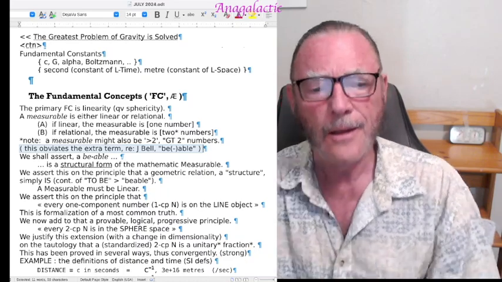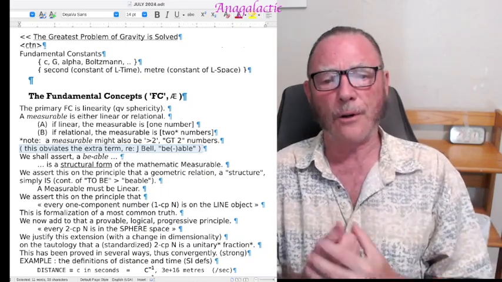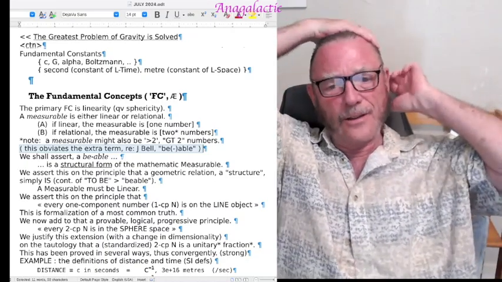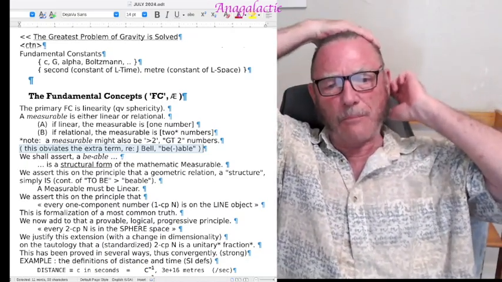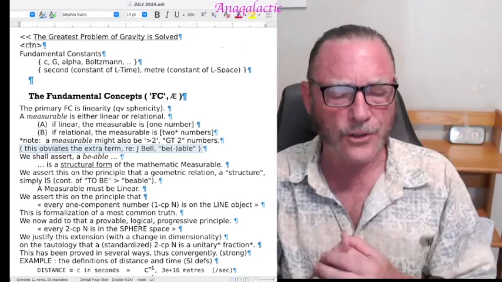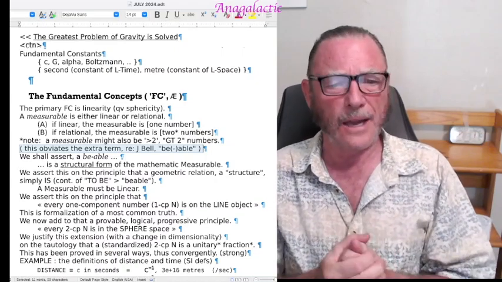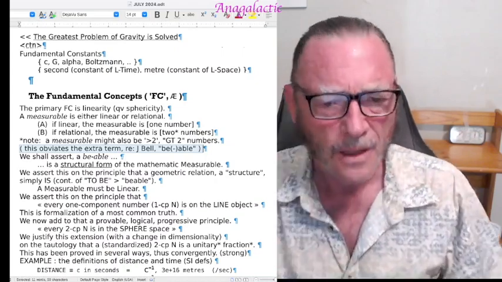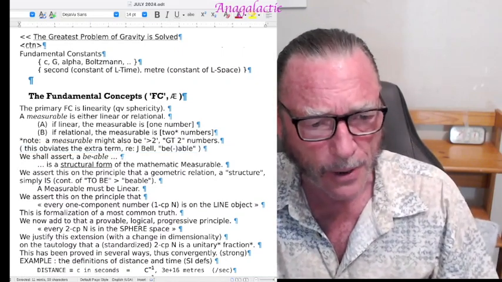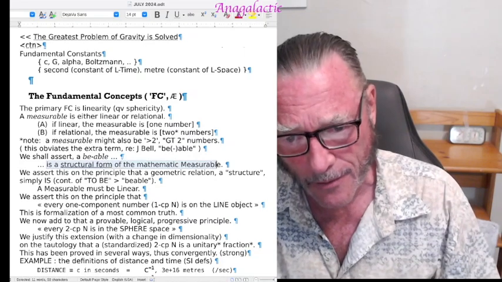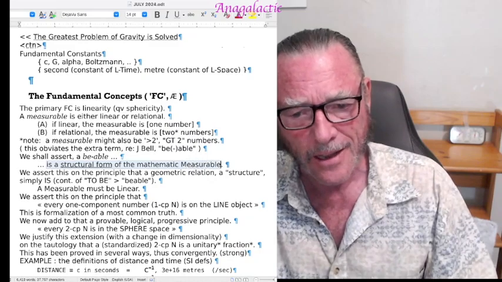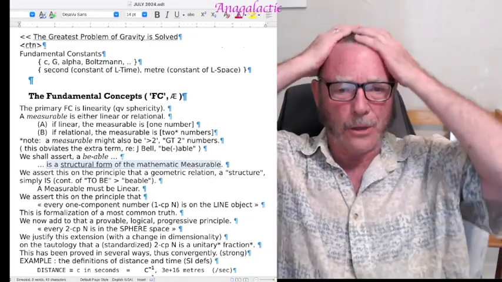John Bell was forced to invent a new term, which I mispronounced in my mind. I thought he had just made this word up like quark, but actually it's beable. So John Bell said that really a measurable could also be called a beable. And what he meant by that, without knowing why he was intuiting this, I can tell you why he said beable.